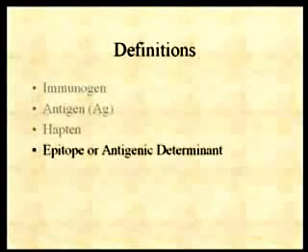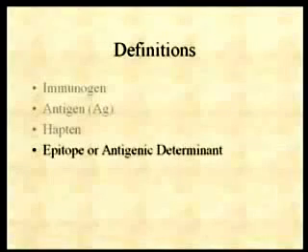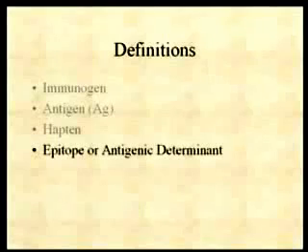All right, the next term I want to define is epitope or antigenic determinant. And these are synonyms. These words are used synonymously. When we mount an immune response, say, against some protein that we've encountered, we don't mount the response against the whole molecule. There are discrete parts or pieces of that molecule that we respond to, and those are called the epitopes.